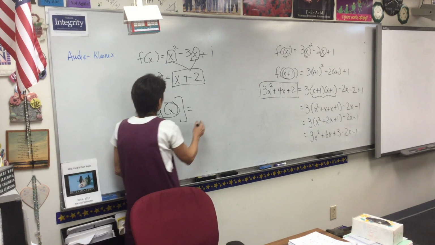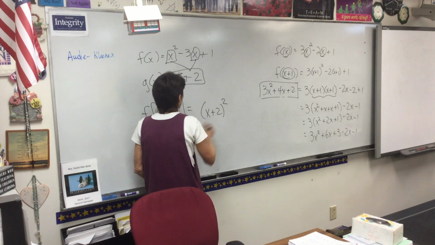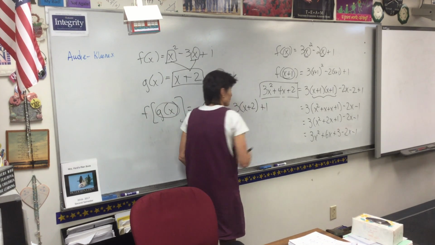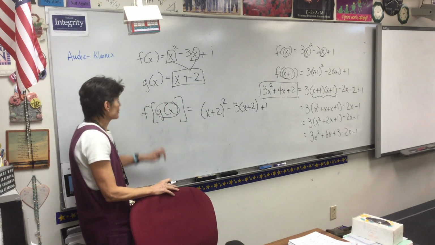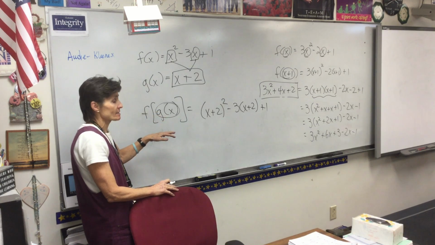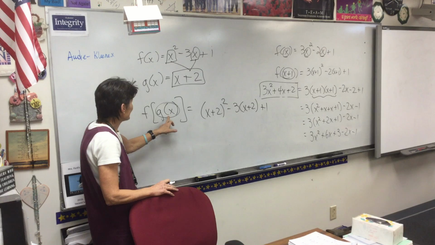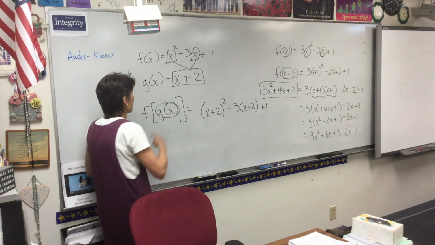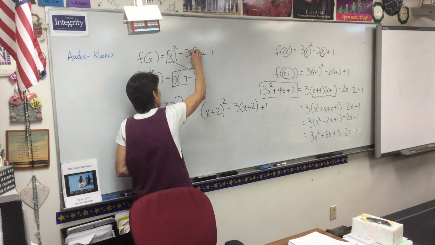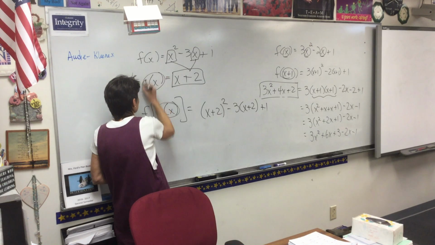So we're going to take (x plus 2) squared minus 3 times (x plus 2) plus 1. So this is actually read f of g of x. That means we put the g function into f. So the g function goes in for the x's in the f function. We're putting this into here.